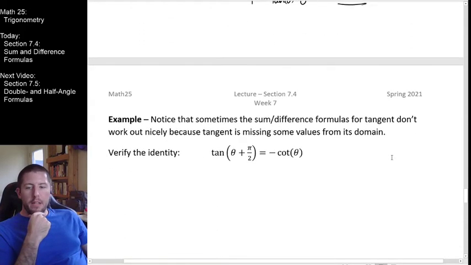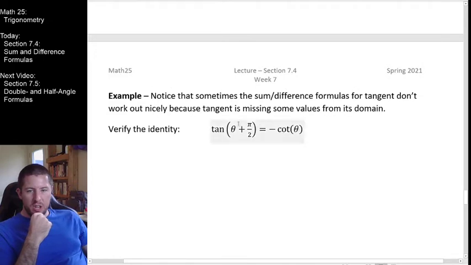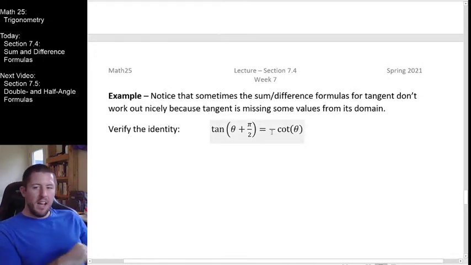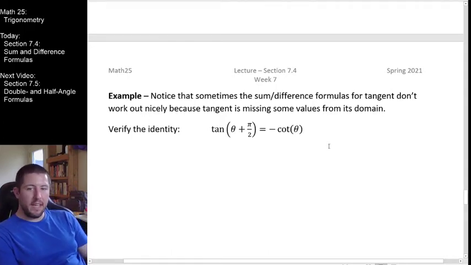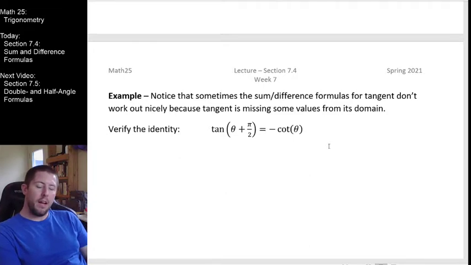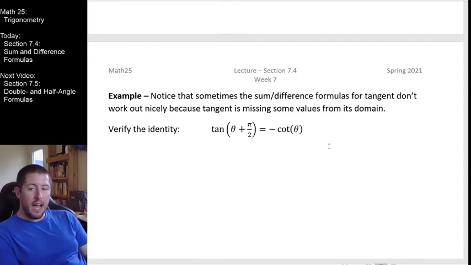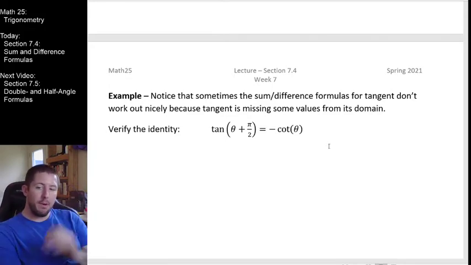Now, one of the buggers that comes up with tangent is that sometimes our sum-difference formula for tangent doesn't play very nicely. You need to remember that another major difference between tangent and sine and cosine is that with sine and cosine, you can plug in any number that you want.